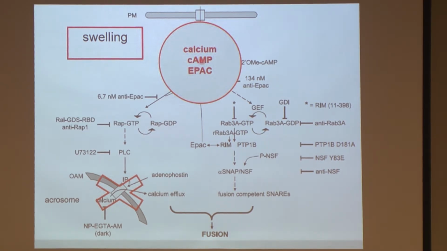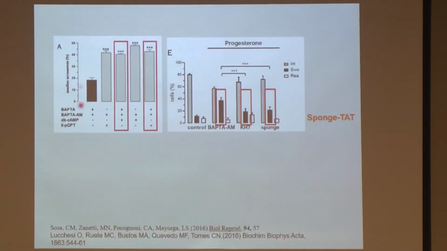What we did was try to see if we can induce swelling in the absence of calcium by adding cyclic AMP, and that's what we observed. Even if we add BAPTA to chelate calcium outside, and BAPTA-AM to block calcium inside, we can get swelling with cyclic AMP or this analog that activates EPAC. This was in permeabilized cells.